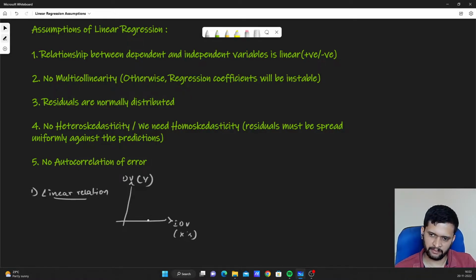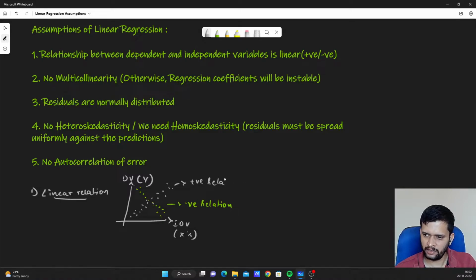So if we plot them, the relationship should look somewhat like this. If not exactly linear, at least it should be able to be called a linear relationship. Okay, so either this way or it can be the other way, right? So this here is called negative relationship, negatively linearly related, and this one is called positively related.